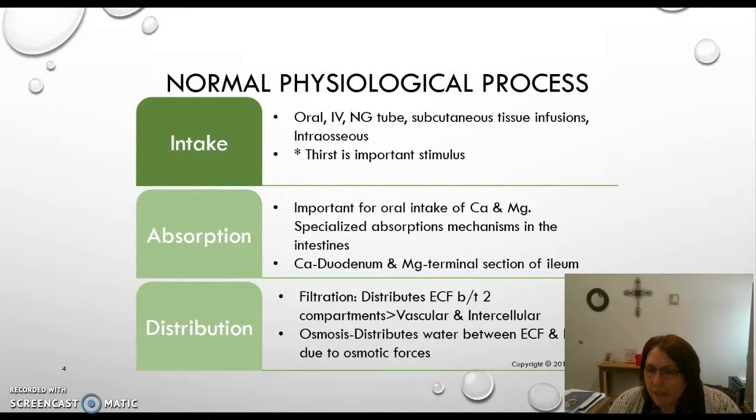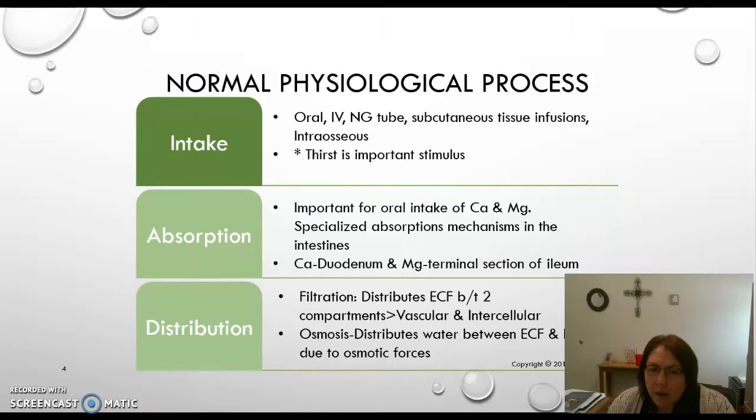And then we have to have a good distribution system. Filtration distributes extracellular fluid between the two compartments, so things are being distributed back and forth between the vascular and the intracellular, and this relates to osmosis, diffusion, things like that. We also have to have organ structures that are working correctly, such as our kidneys and our liver, in order for this distribution to occur.